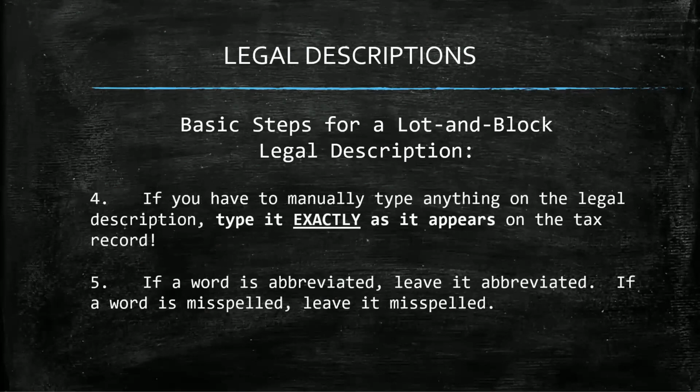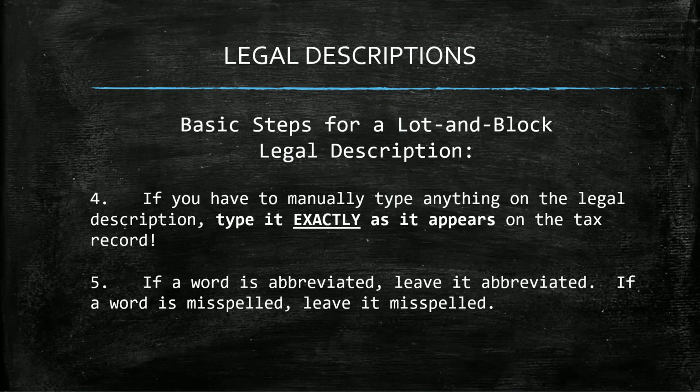If you find yourself having to manually type anything on the legal description, make sure you type it exactly as it appears on the tax record. If a word is abbreviated in the legal description, leave it abbreviated. Do not spell it out, even if it's the weirdest abbreviation you've ever seen.